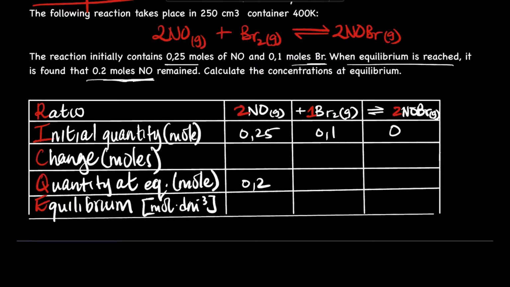Next, as I did in the previous practice question, since there's a 2 there, we'll say negative 2x, negative because it's the reactant. Since there's a 1 there, we'll say negative x. And since there's a 2 in front of the product, we'll say plus 2x.